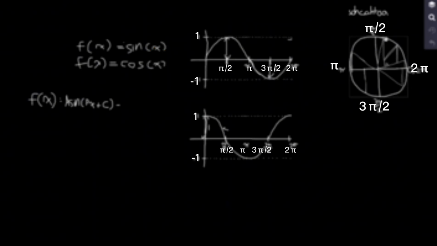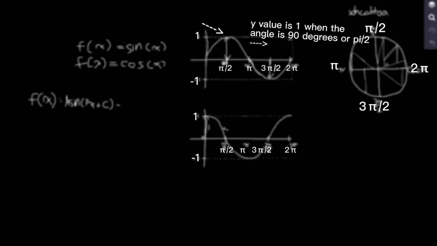see over here, because as theta approaches 90 degrees, hypotenuse gets closer and closer to 1, and so does the opposite side. 1 over 1 is 1, which matches this graph over here as sine of pi over 2 is equal to 1.